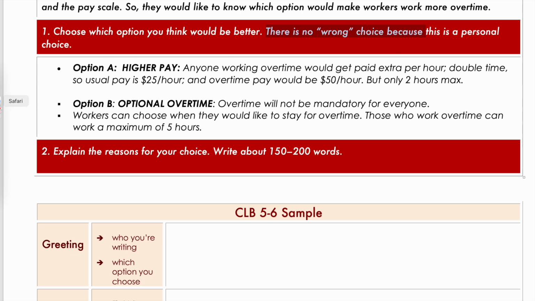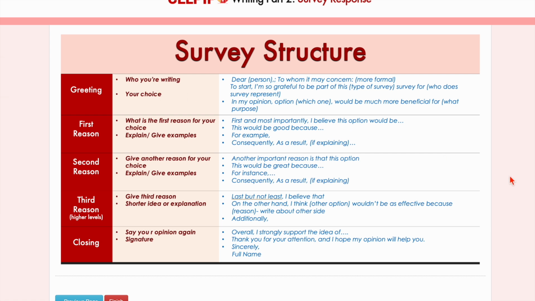Okay. All right. So now let me tell you that I am following our survey structure. This is the survey structure that we usually encourage everyone to use. And in general, the survey structure, you can see here, if you want to pause it, it gives you an idea for structuring your paragraphs and what you should do in each paragraph.